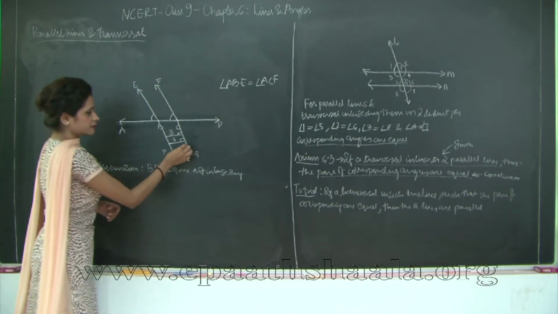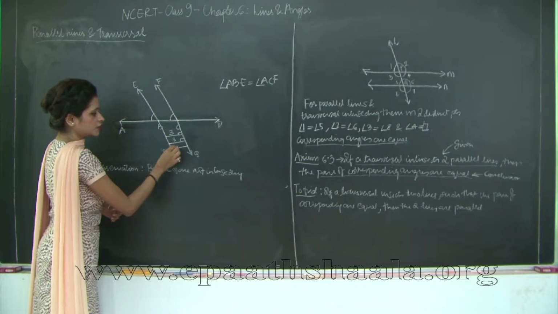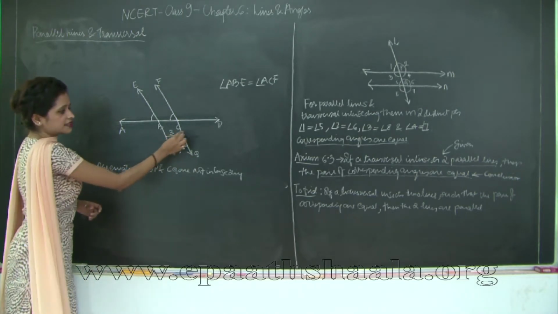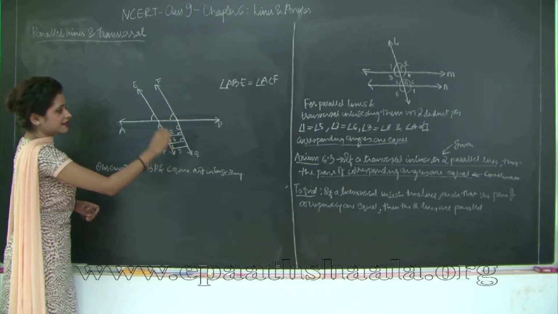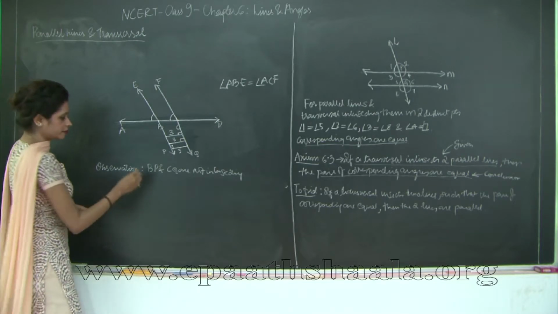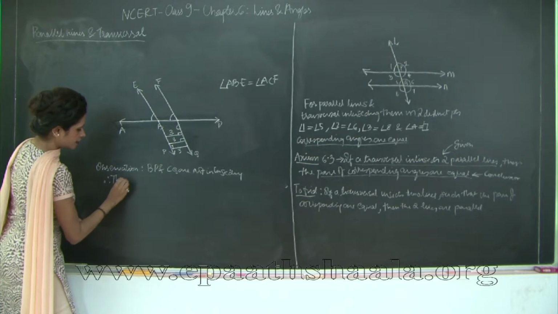Take it vice versa: if you take any point on CQ and draw a perpendicular on BP, you will notice that this length is also 3 units. So there is equal distance between these two rays, BP and CQ. Therefore, what can you say? That these two lines are parallel. Therefore, the two lines are parallel.